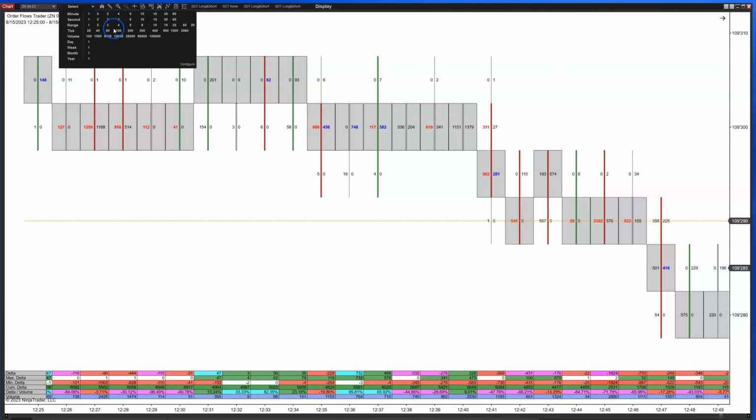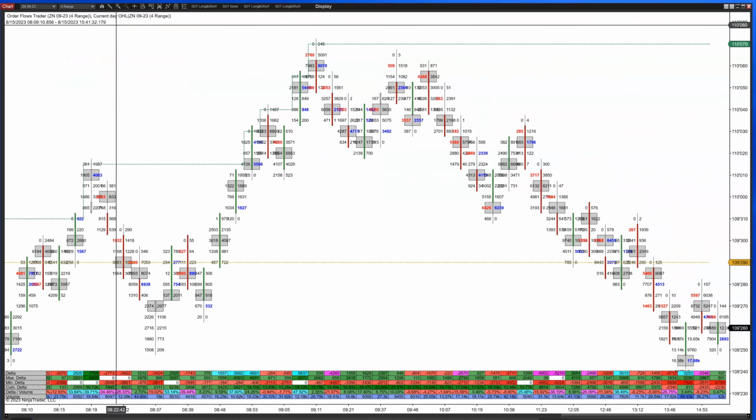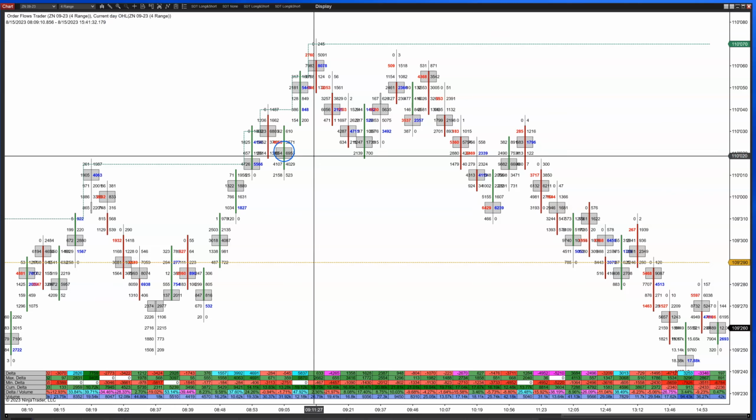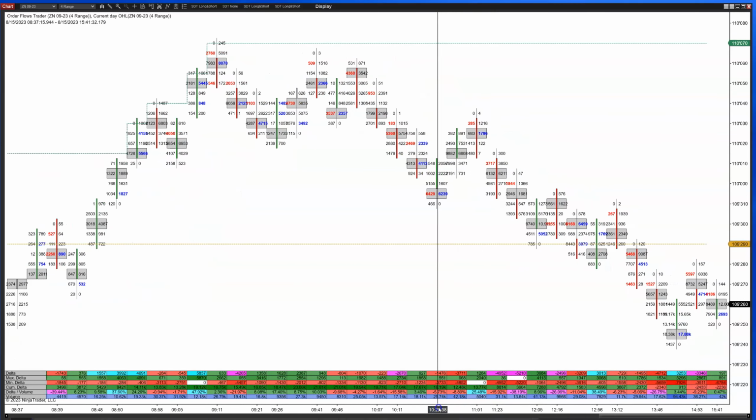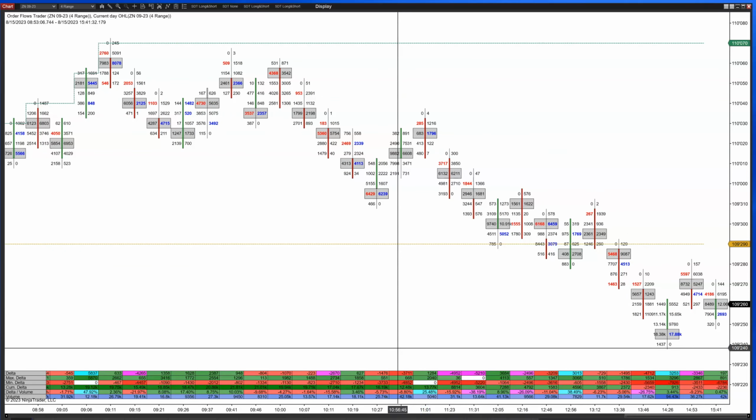What I settled on years ago was watching a range-based chart in Treasuries, like bonds, 10 years, 5 years, etc., that trade generally decent-sized volumes that make the chart easier to read. Because at the end of the day, you want to be using a chart that's going to help you understand what you're looking at, especially in the order flow. Like I said, this is a market that trades big size.